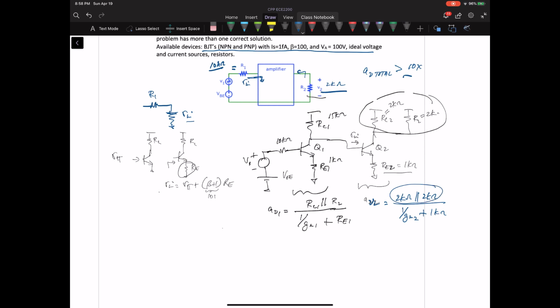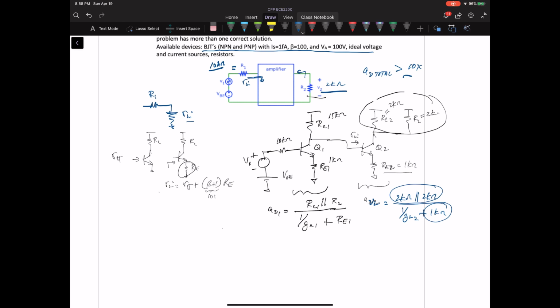So if I can get gm2 to be high enough and 1 over gm2 to be low enough, the second stage is going to get me a gain of close to 1.